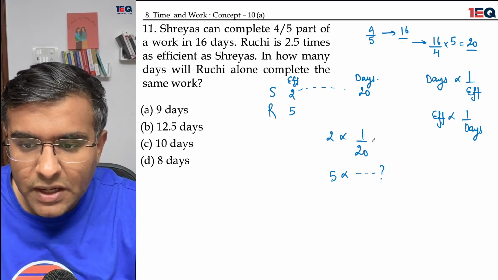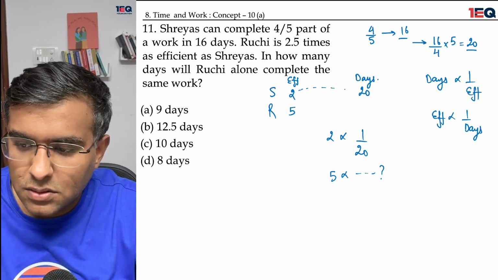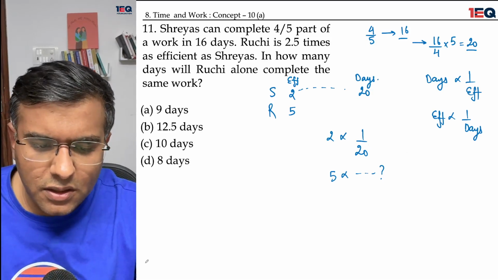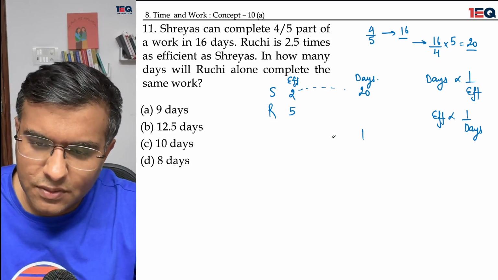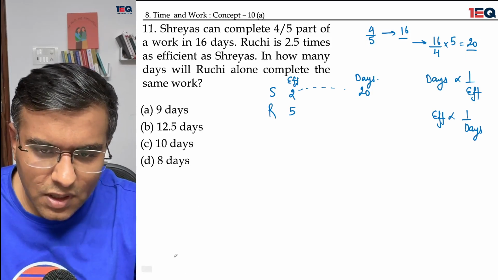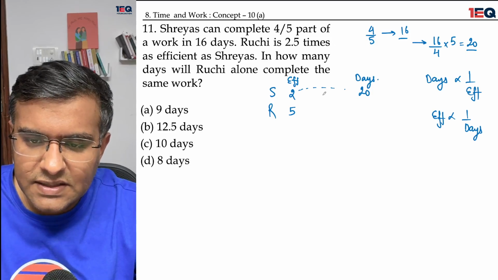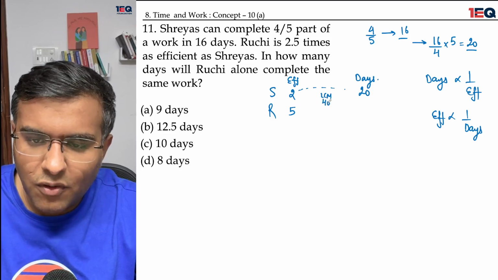This 1 by 20 can be written as... here, we'll have to make a very small assumption. And the assumption says that the LCM is 40.